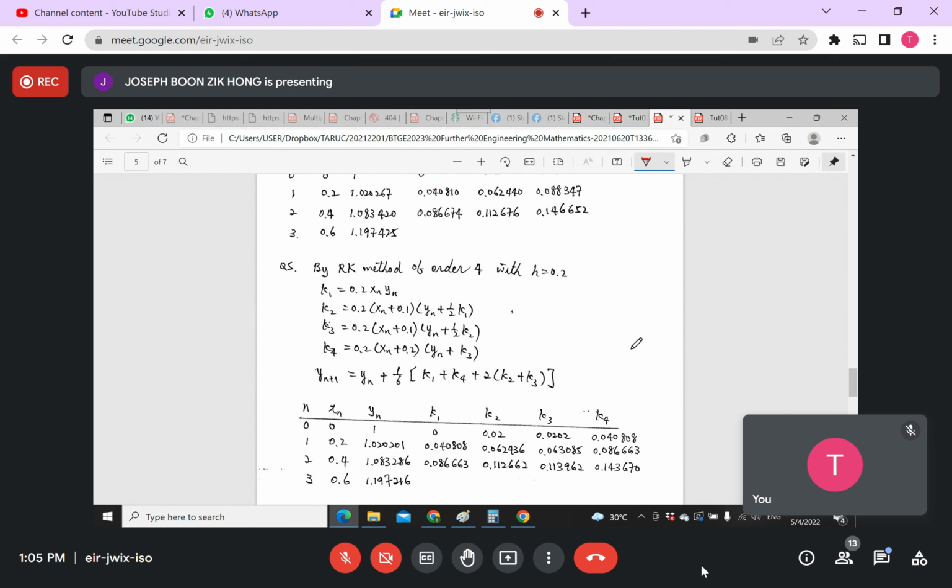But again, the more steps you do, you will see the difference is getting bigger and bigger. At first, maybe just the fifth and sixth decimal is a bit different, but by the third step, the third decimal, fourth decimal is already different. So the more steps you extend, the bigger the error. Okay.